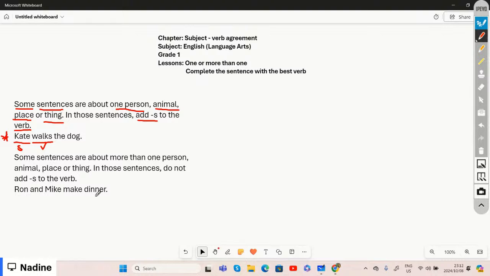All right. And then some of our sentences are about more than one person, more than one animal, more than one place, or more than one thing.